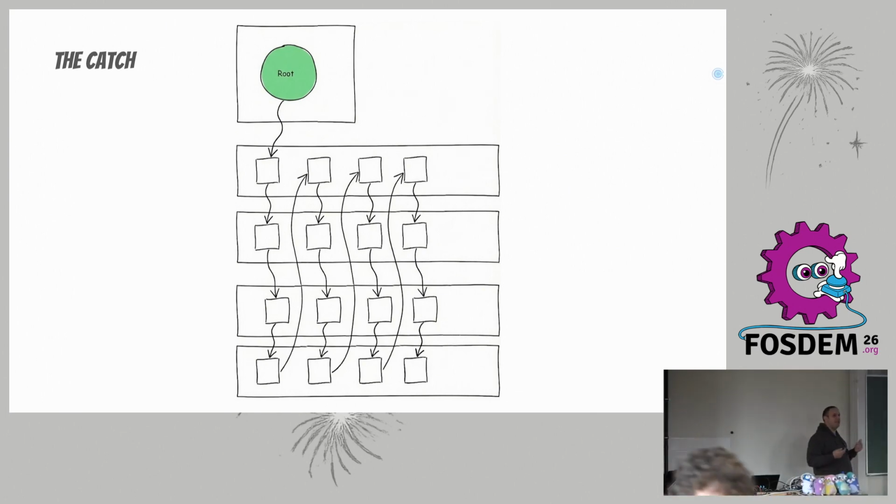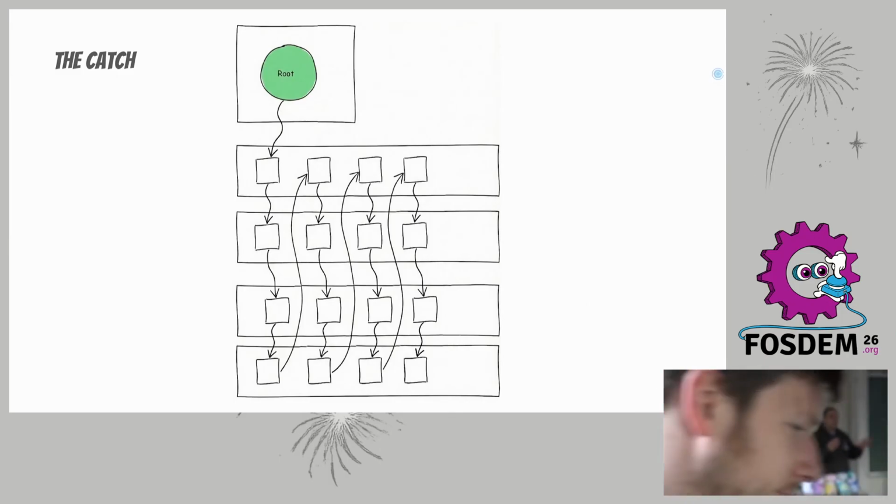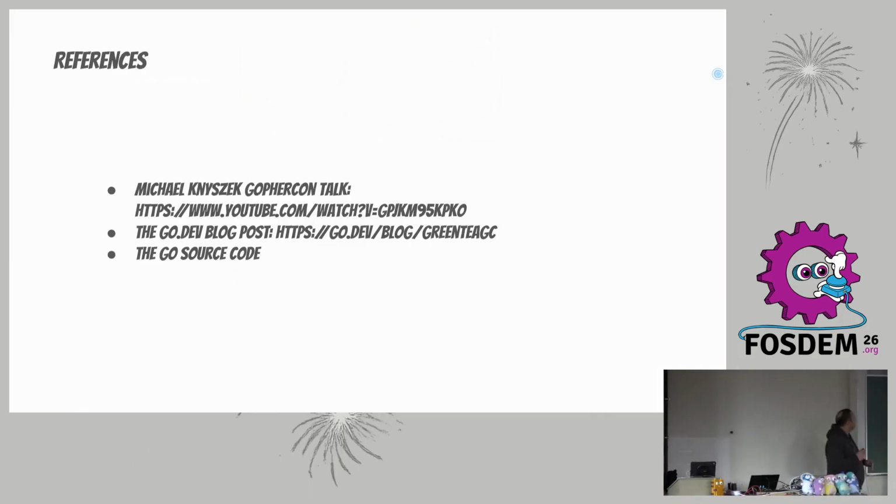That is going to end up not covering the extra cost, the extra accounting that we are doing for GreenTea. In general, the expectation is a 10 to 40% improvement on the mark phase, but it's not something 100% sure that it's going to happen.